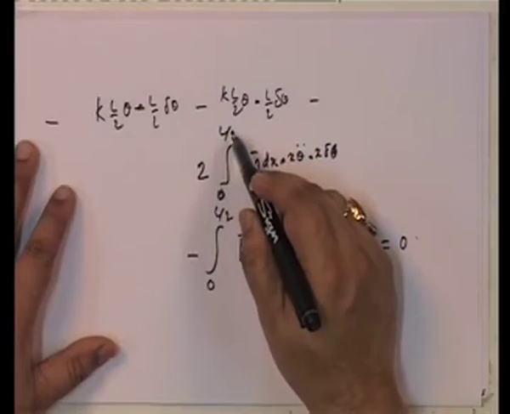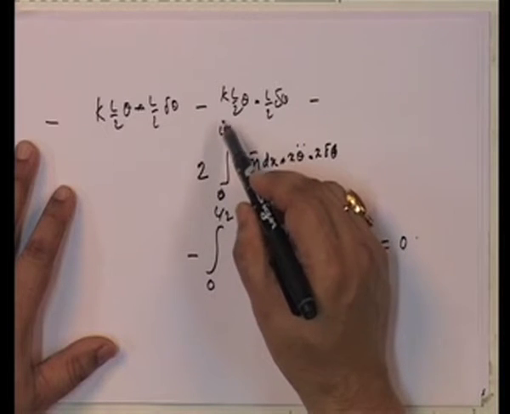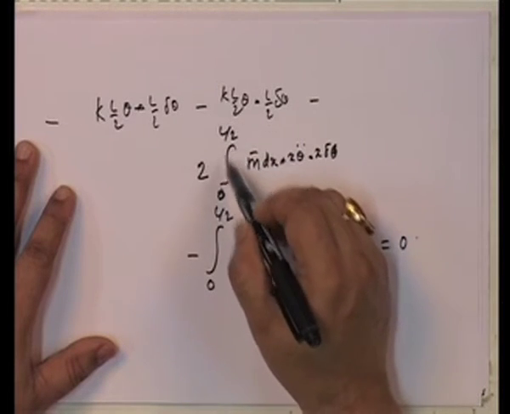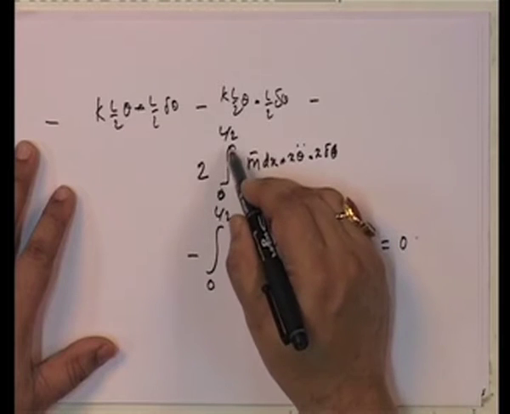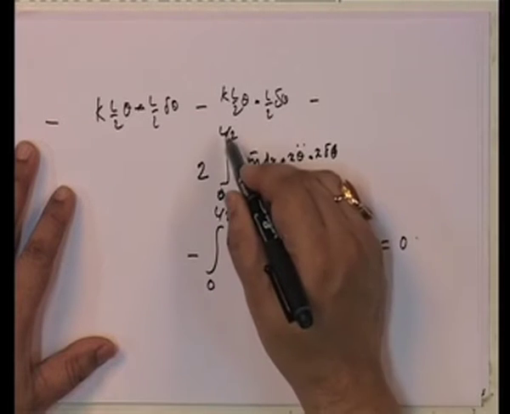I get now m bar x squared, 2 into L upon 2. So, if you note that this is going to be x squared, this is going to be x cubed by 3, x cubed by 3 going from 0 to L by 2, and x cubed is L cubed upon 3 times, and x is L upon 2.